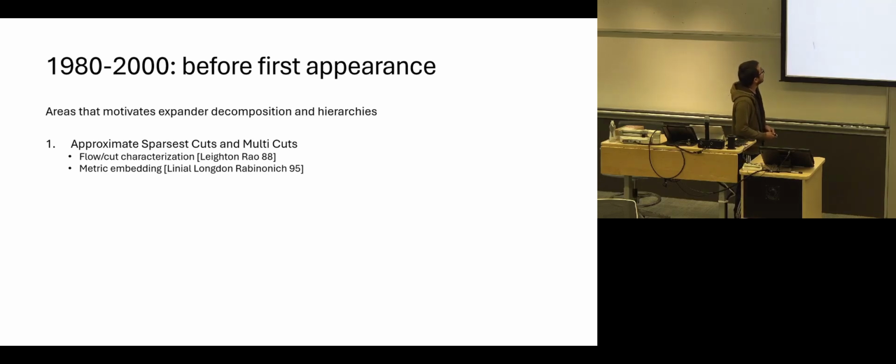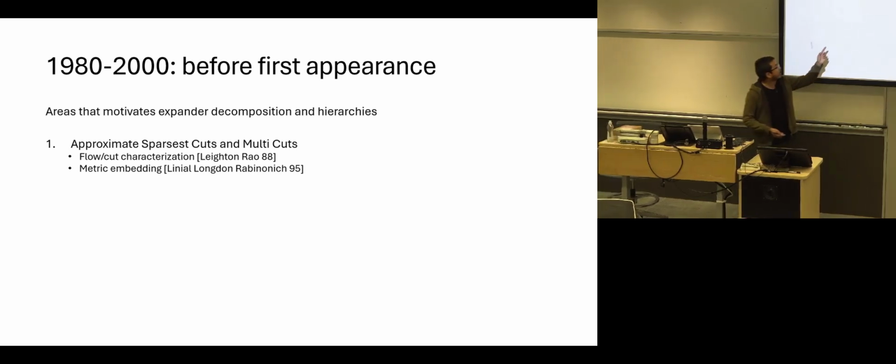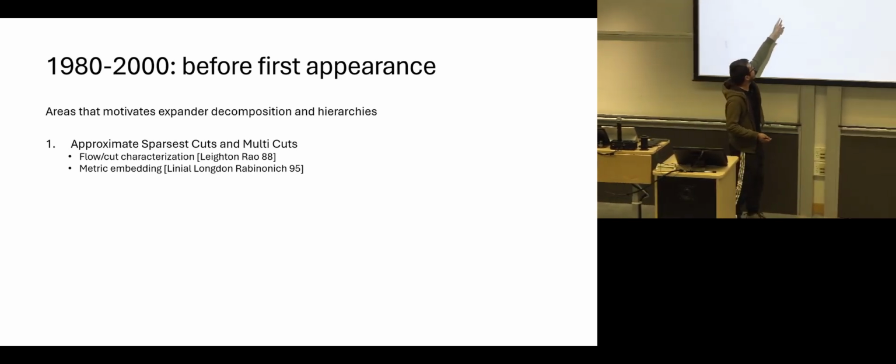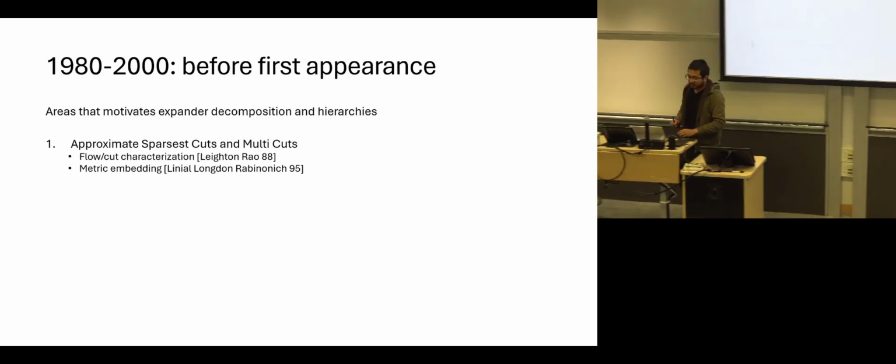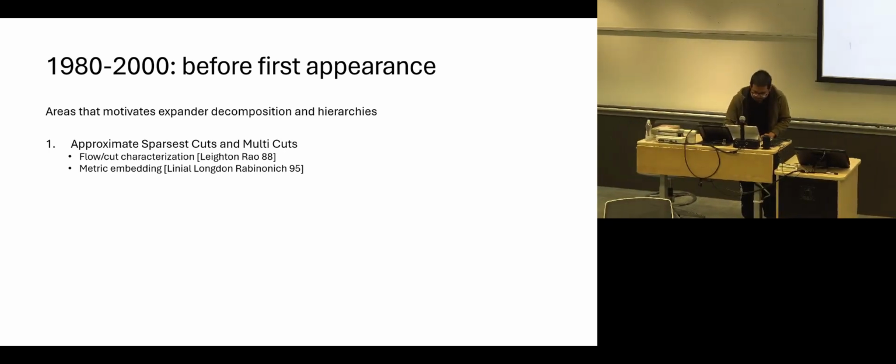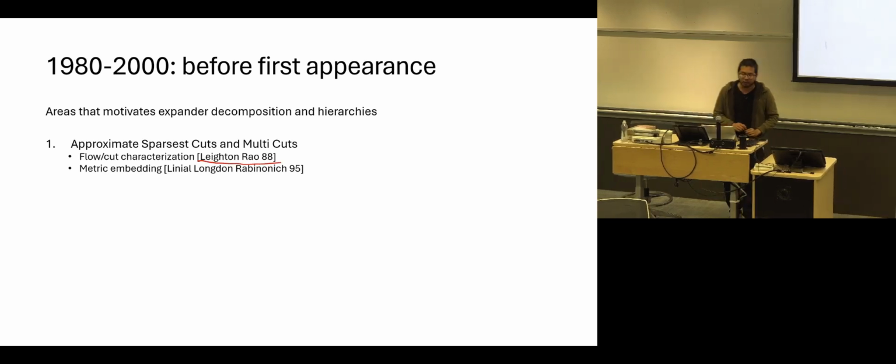People started to care about checking whether there is a sparse cut in the graph, a long time ago, by the work of Leighton and Rao. This is, by the way, the work that first showed the flow-cut gap, since '88.